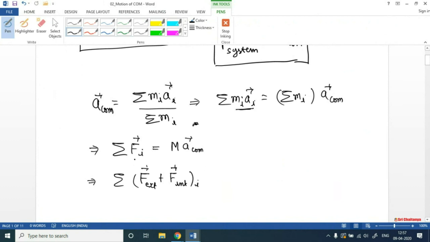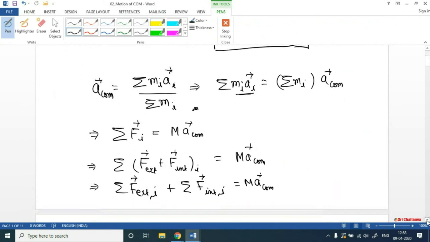That will be equal to mass times acceleration of center of mass. So this gives us the summation of F external on the ith particle plus the summation of F internal on the ith particle, equal to total mass times acceleration of center of mass.